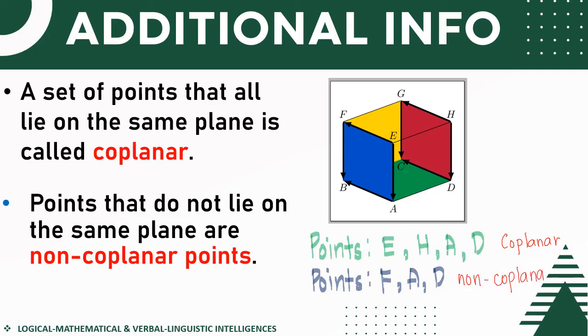Again, for us to consider if the given set of points are coplanar, all of the points must be found in one surface only.